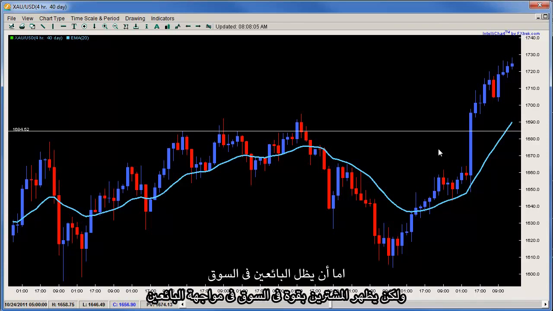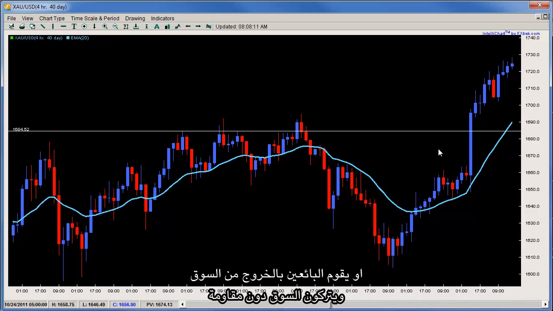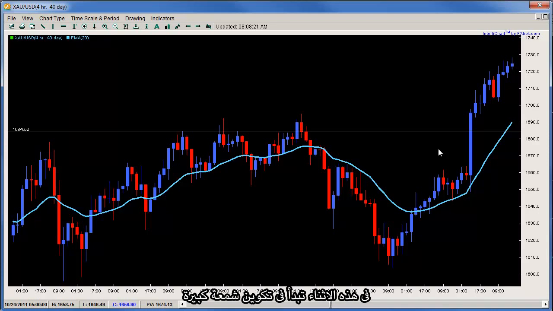Either the sellers are still in the market, but the buyers come in with an overwhelming force to completely overrun the defenses of the sellers, or the sellers just completely exit the market. They evaporate out of the market, therefore leaving no resistance. Either one of those environments tends to create a very large candle when we break out of that key level.